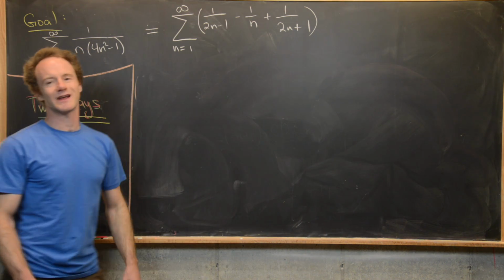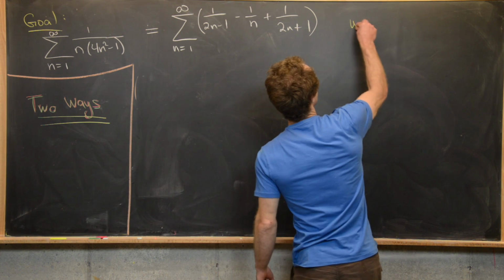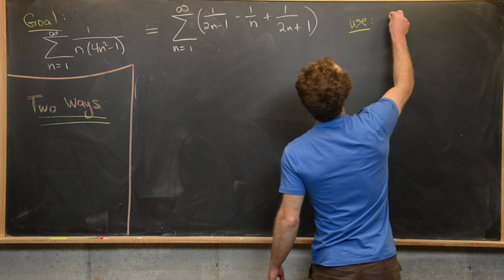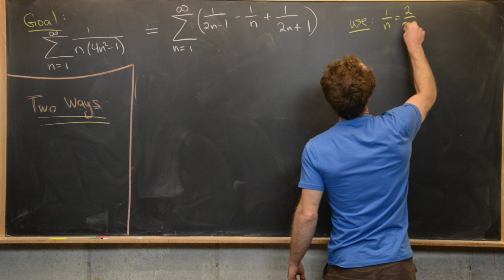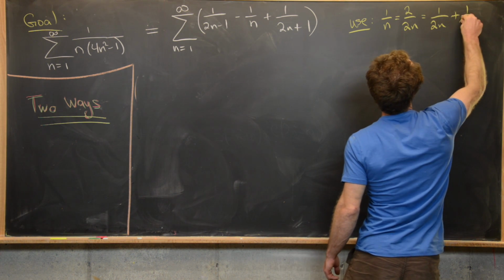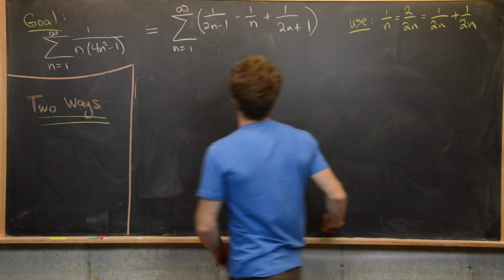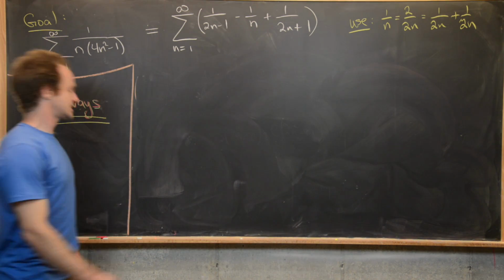But then this 1 over n is really 1 over anything. But if we use this very simple fact that 1 over n is the same thing as 2 over 2n, which is the same thing as 1 over 2n plus 1 over 2n, we can rewrite this in a more symmetric form. So let's go ahead and do that.